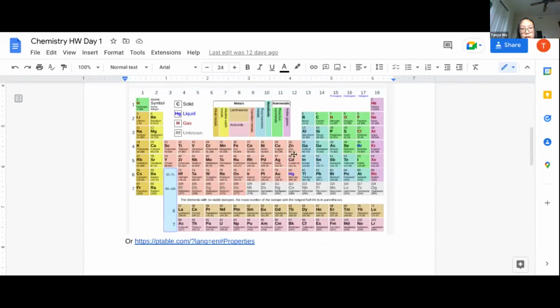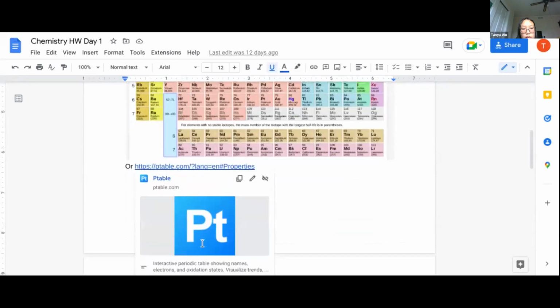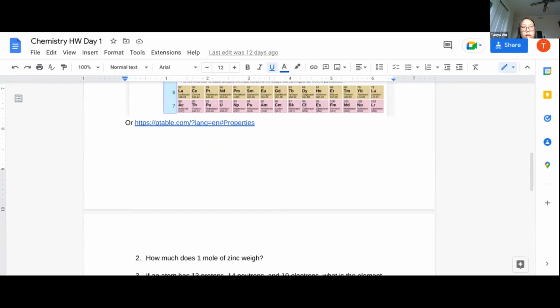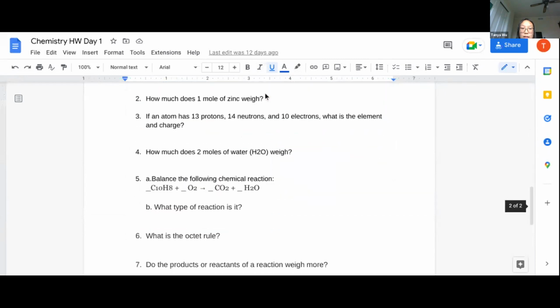So we just look at the zinc, or in this case, we go to this website. And on the periodic table, we see that zinc has an atomic mass of 65.38. So that means 1 mole of zinc weighs 65.38 grams.